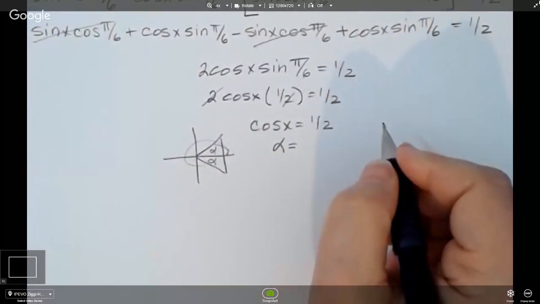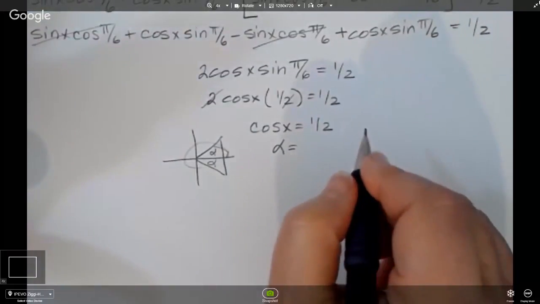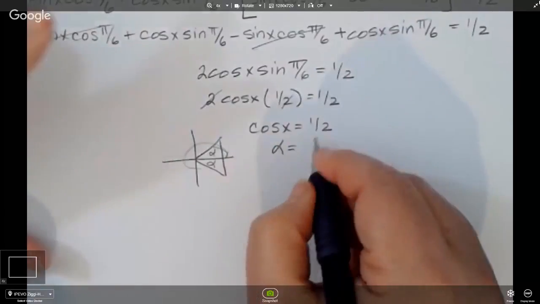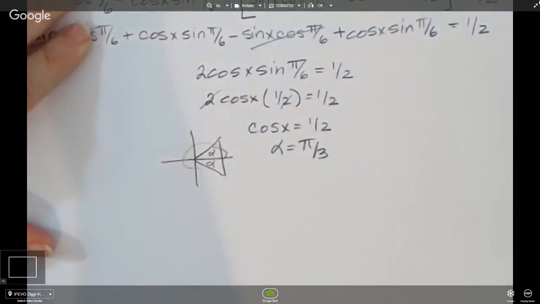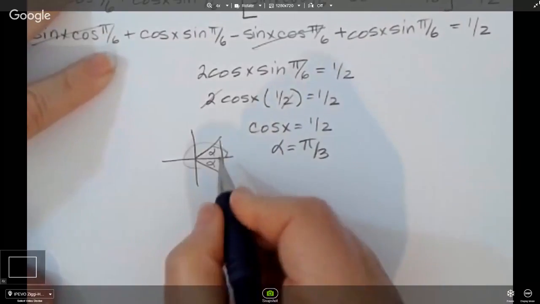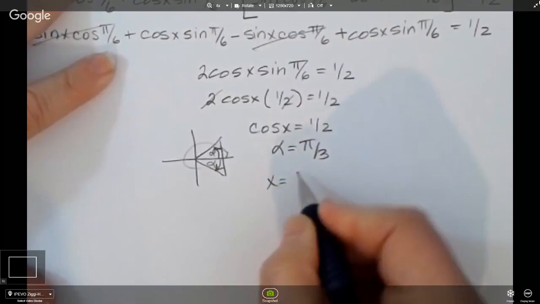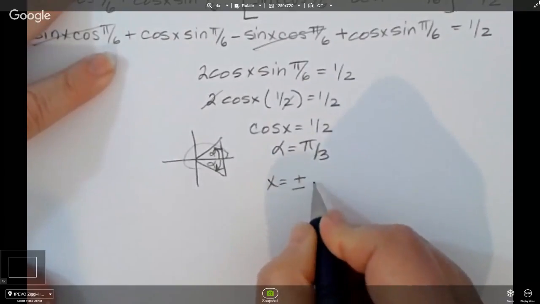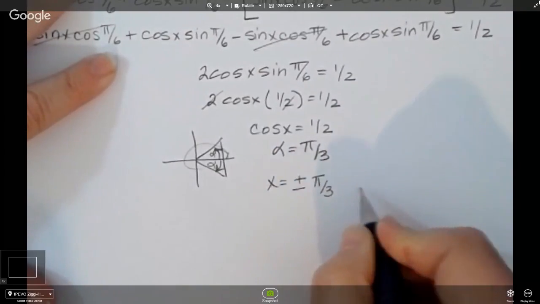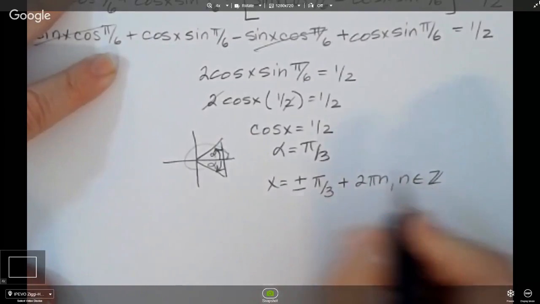The cosine is 1/2 when alpha is pi over 6. No, pi over 3. Get the right alpha, Mrs. Muller. Okay, and now I can use the plus solution and the minus solution, and I can say x equals, to get the general solution, plus or minus pi over 3 plus 2 pi n, n an element of the integer set.